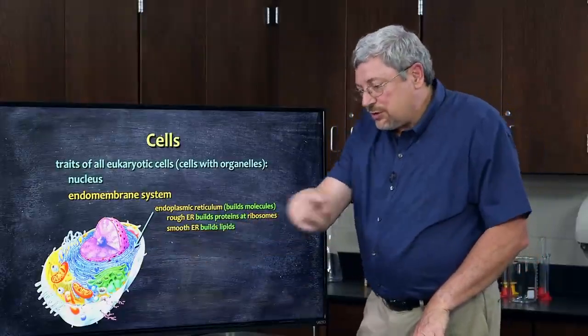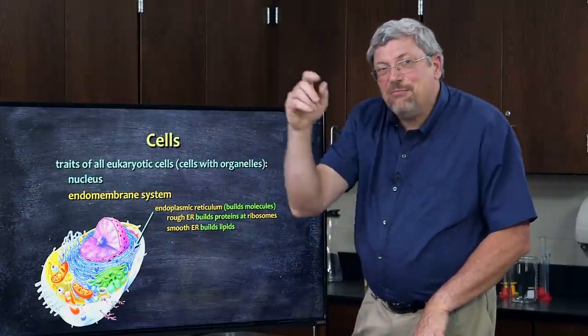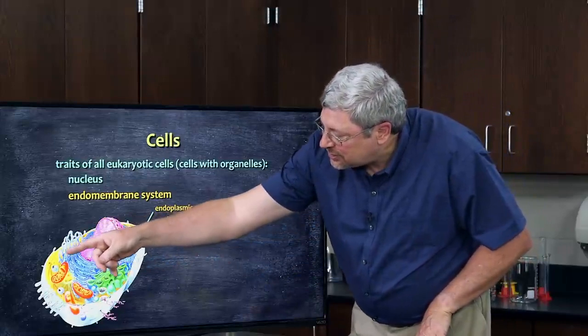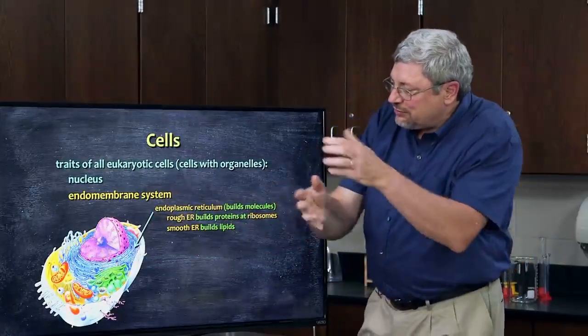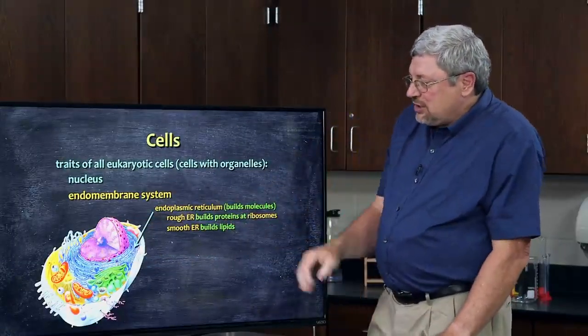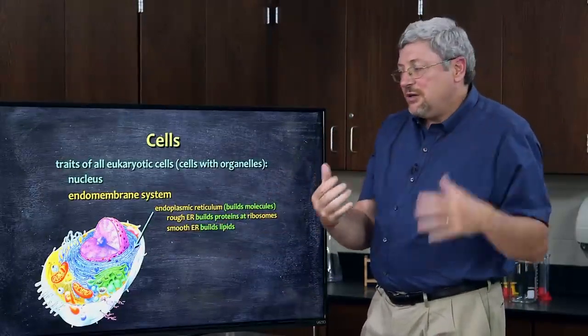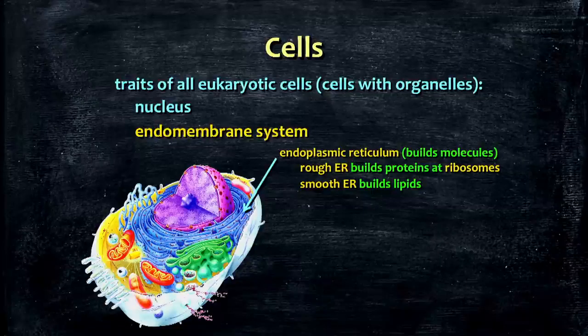As we move outward, back and forth through the maze of the endoplasmic reticulum, we get to a portion of the reticulum illustrated here in kind of a different kind of maze shape that doesn't have ribosomes, and it's smooth-walled. So we often just call it smooth endoplasmic reticulum, smooth ER. It's in this portion of the endoplasmic reticulum or the ER, where we build our lipids. The cell builds proteins in the rough ER and lipids in the smooth ER.